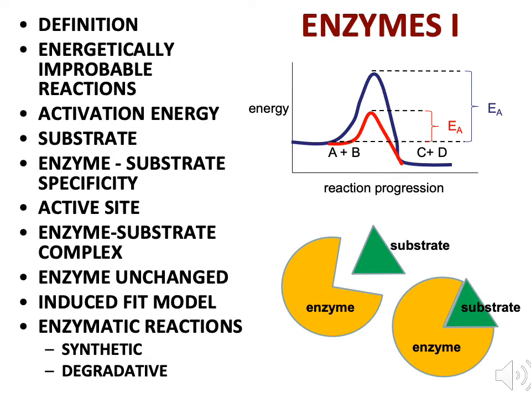You'll see a wedge-shaped opening. That is what's called the active site. And the active site is the place on the enzyme. It is a physical, three-dimensional place on the protein where the reactants or the substrate are going to bind.